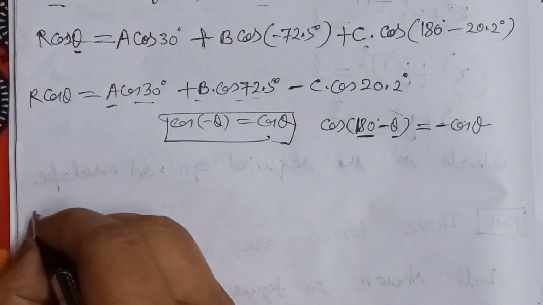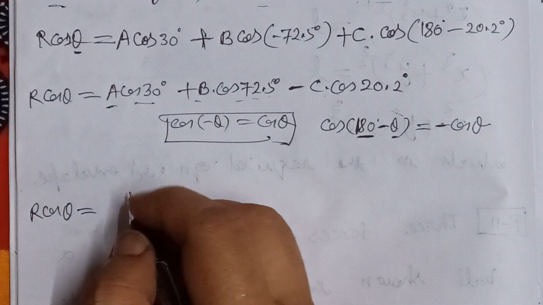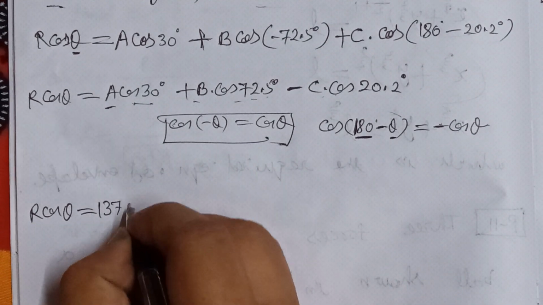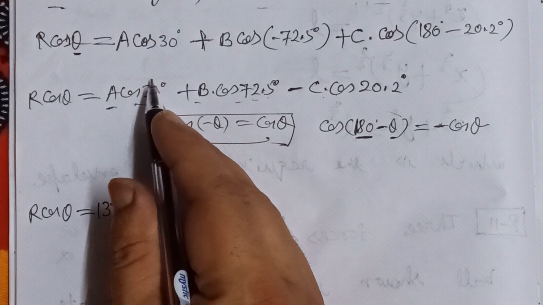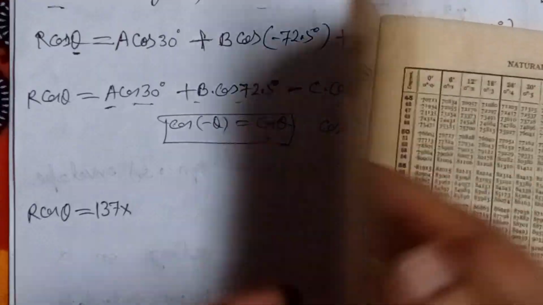So R cos theta is equal to, the value of A is given, which is 137, and from the natural cosine table, I have a logarithmic table for cosine.